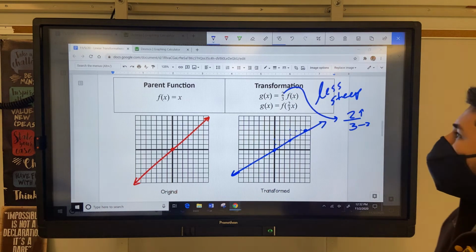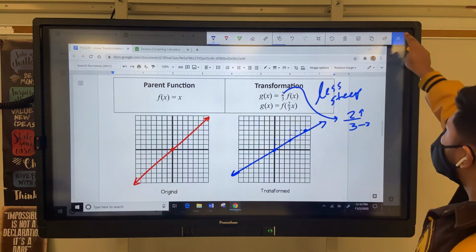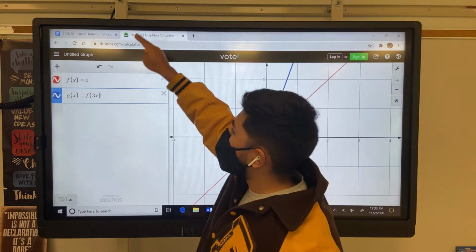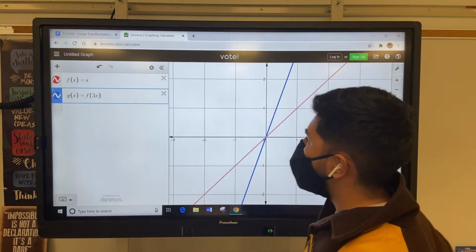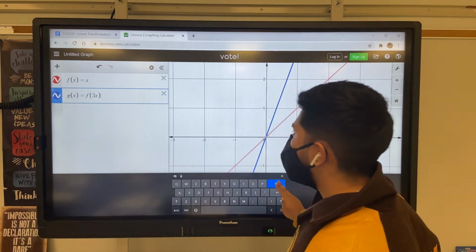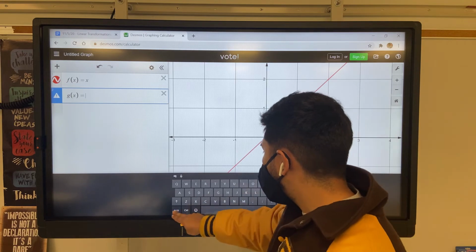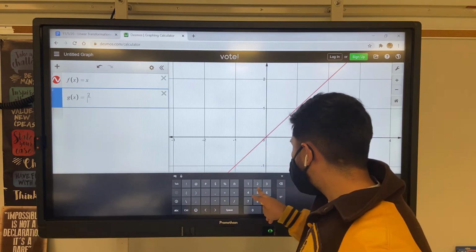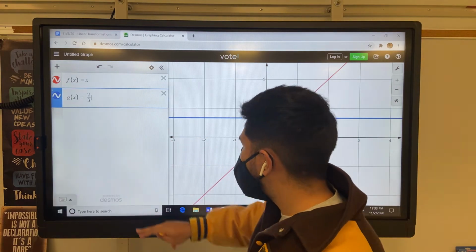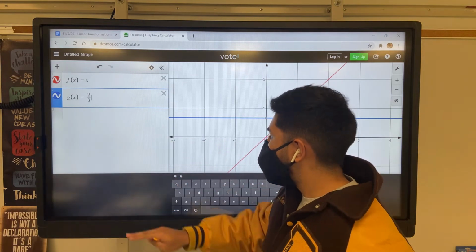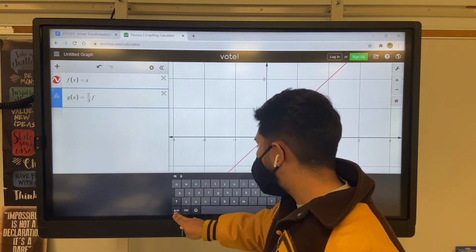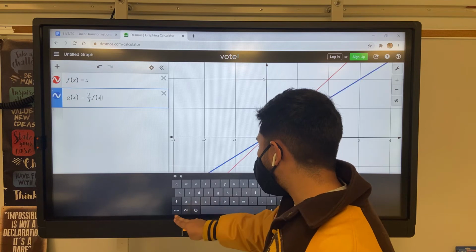Let's go to Desmos real quick just so we could double check. I really hope everyone's taking advantage of the Desmos. Okay, so it's 2 over 3, 2 divided by 3. Click this. f of x.